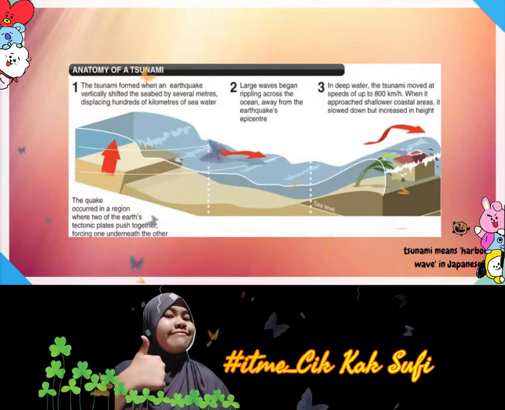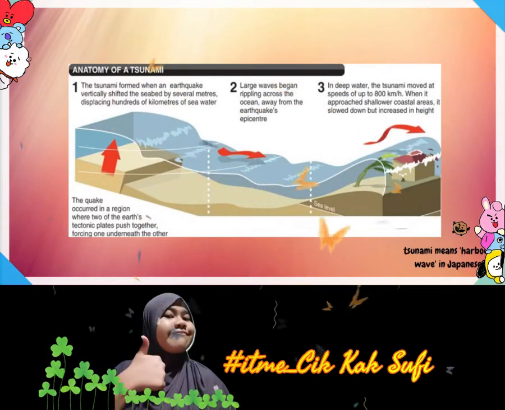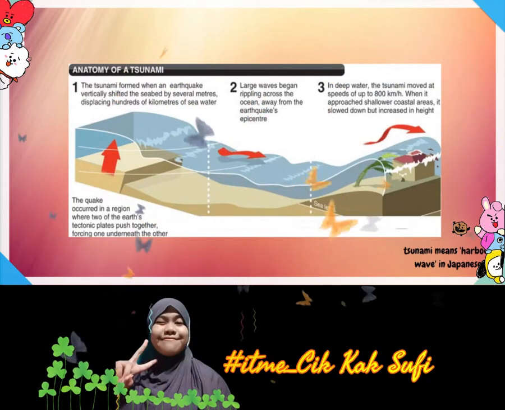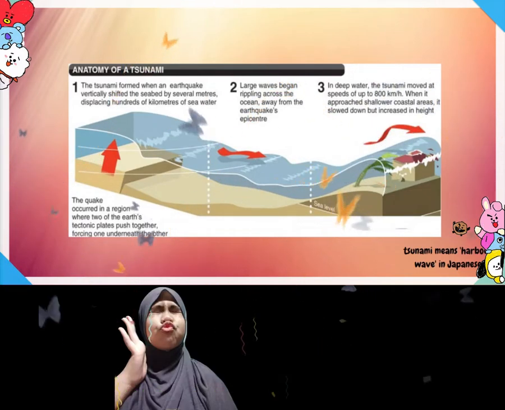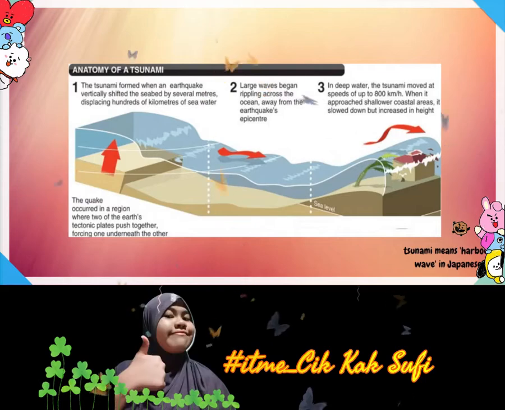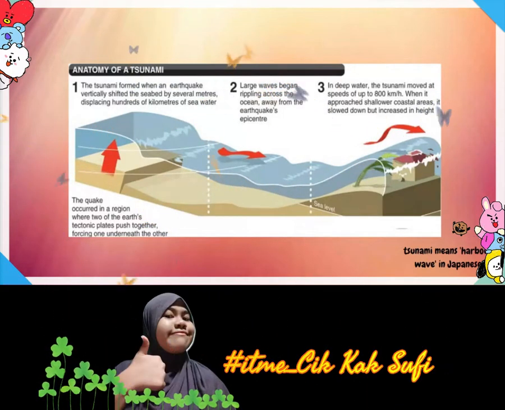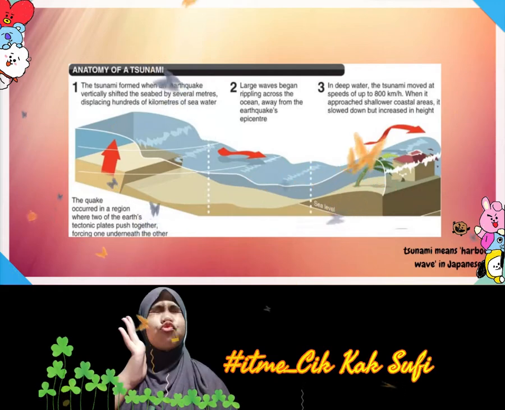And in deep water, the tsunami moves at speeds of up to 800 km per hour. When it approaches shallower coastal areas, it slows down but increases the impact. So, tsunami in Japanese means harbor wave. Let's go to the next one.